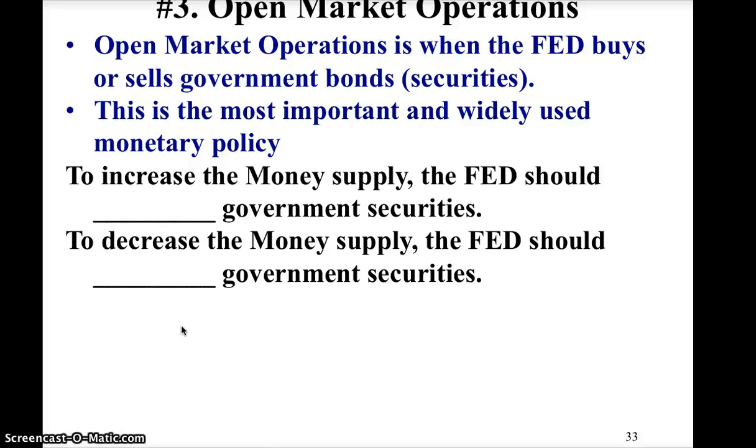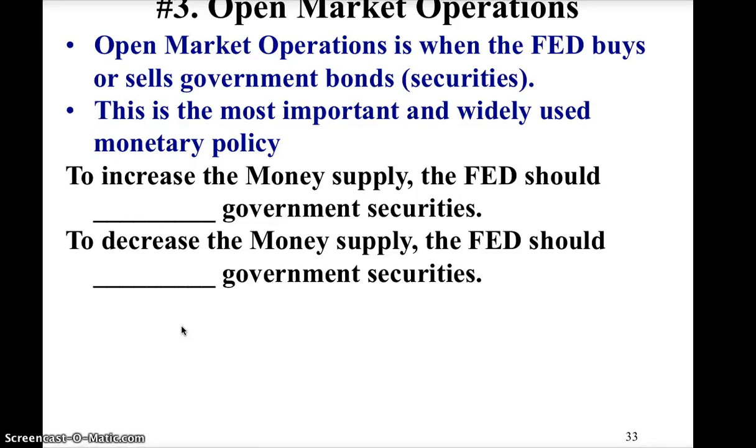Why is that? Okay, because a government bond is a piece of paper, and if you're the Federal Reserve, you are buying that piece of paper and handing the owner back cash, whether that's $10,000 or $100,000, and now that cash is in the economy.